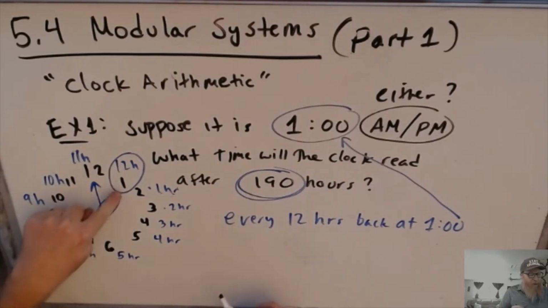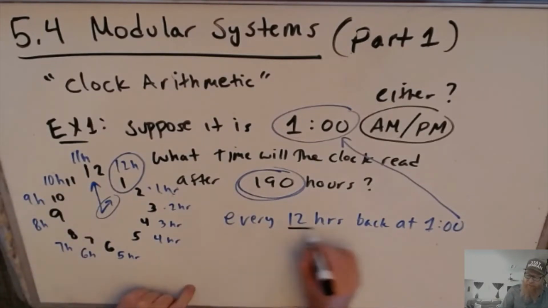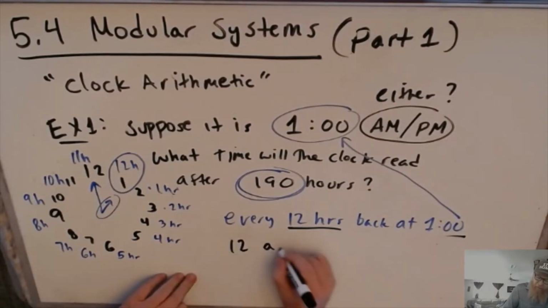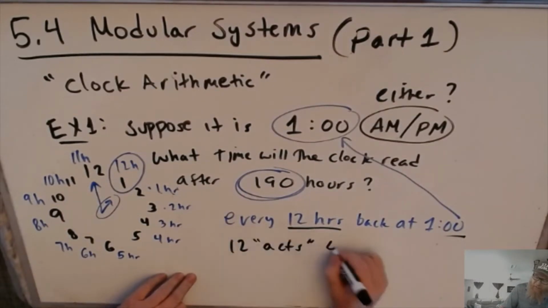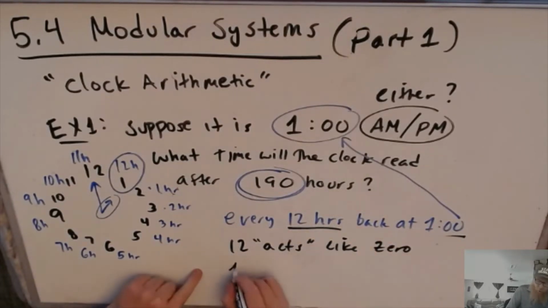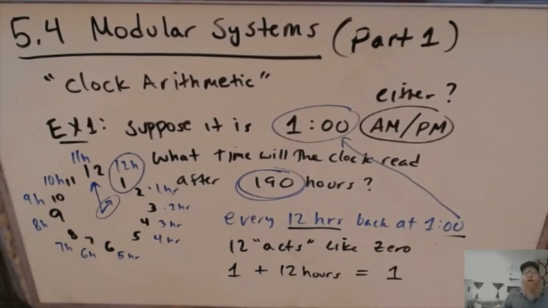And you could count how long it would take to get to 190. But notice every 12 hours, you're back at 1 o'clock. So 12 sort of acts like 0. It's like saying 1 o'clock plus 12 hours is still 1 o'clock. When you add 12, it's like adding nothing.